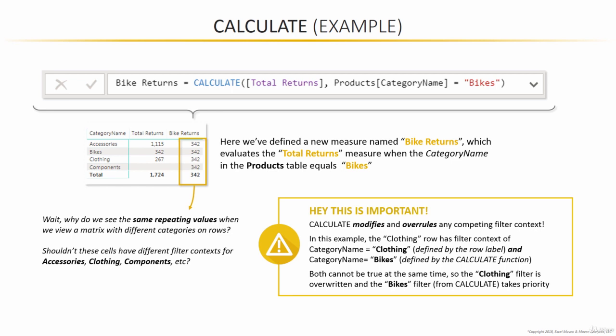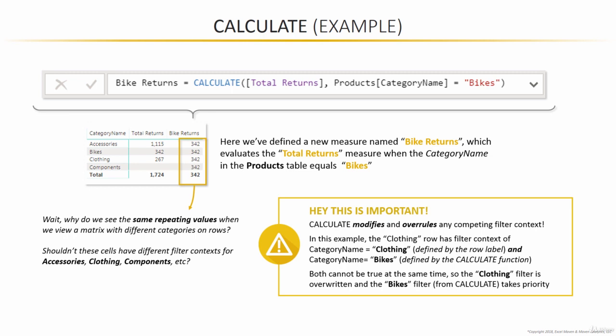Let's pay attention to the clothing row, for instance. That clothing row in the matrix has filter context of category name equals clothing, which is defined by the row label, and it also has filter context for category name equals bikes, defined by the calculate function. And since both can't be true at the same time, the clothing filter is overwritten and the bikes filter from calculate takes priority.